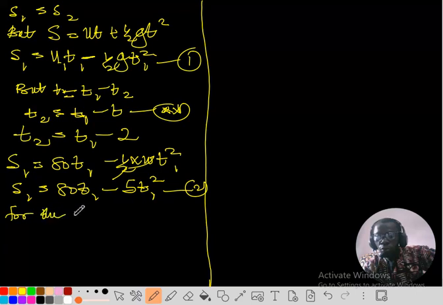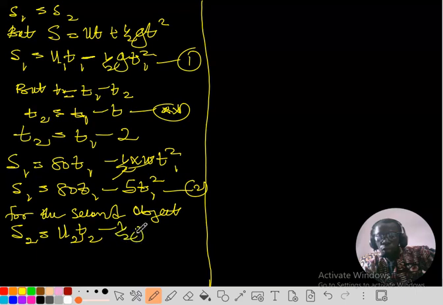For the second object, distance x2 will be u2 t2 minus half gt squared. So for x2, the initial velocity u2 is 100, then t2 is t1 minus 2.